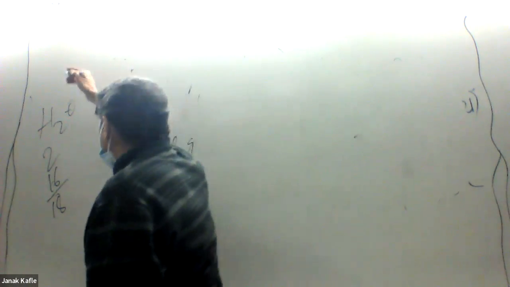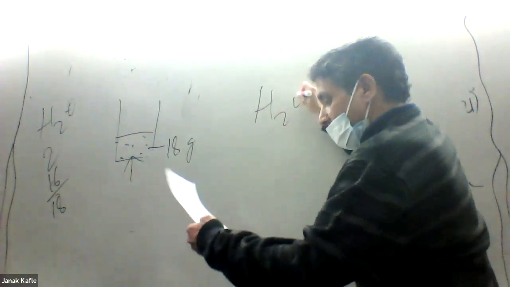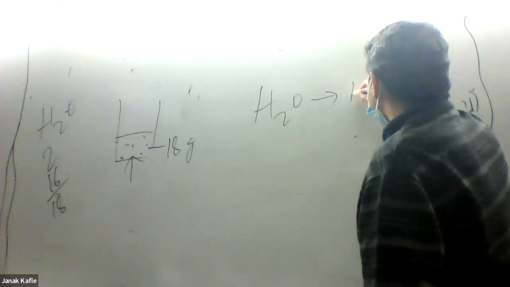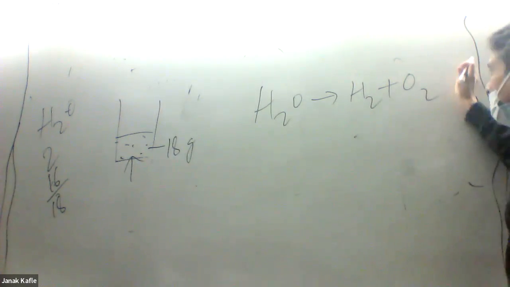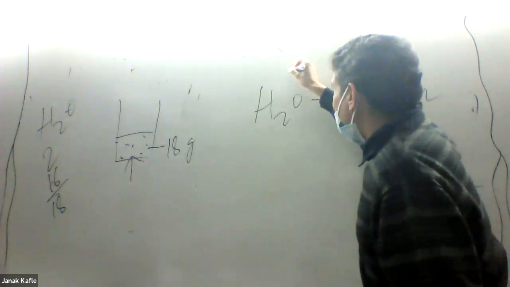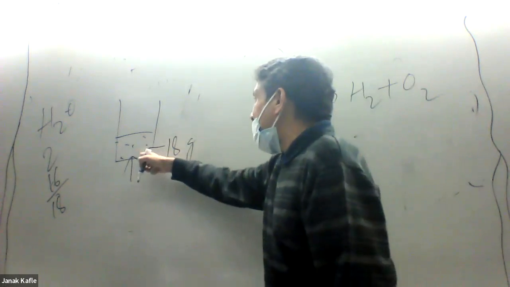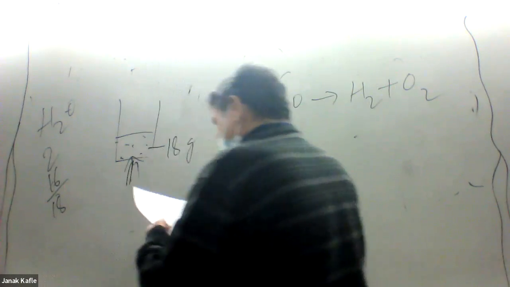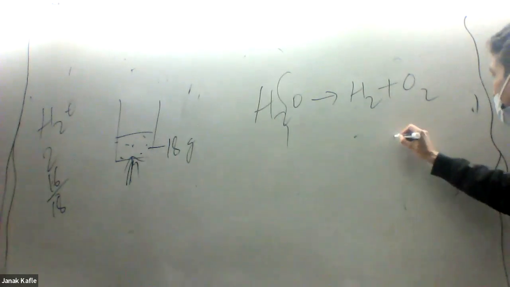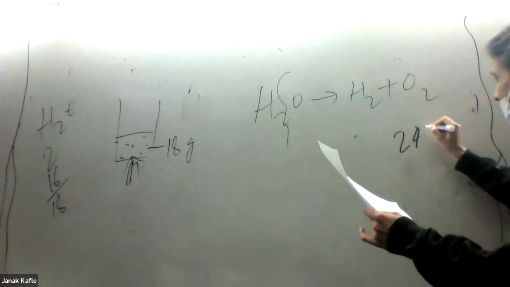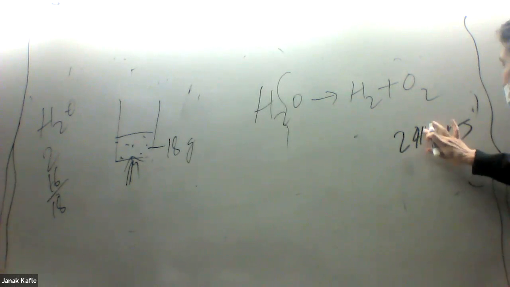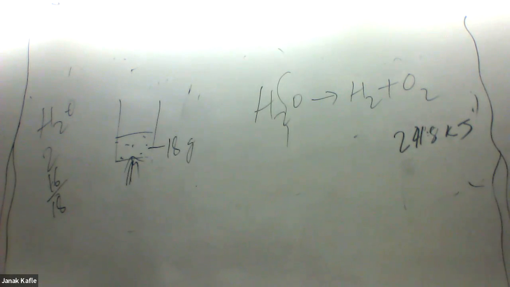I put 18 gram of water, and I want to break all this 18 gram water in the gaseous state into hydrogen and oxygen. If I want to break all 18 gram water here into hydrogen and oxygen, I need to supply from outside 241.8 kilojoule of energy.